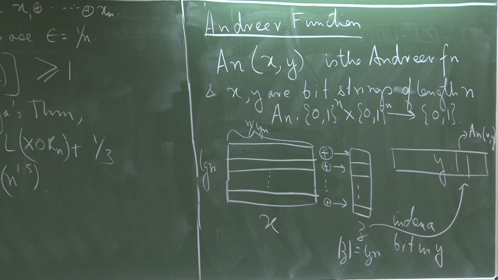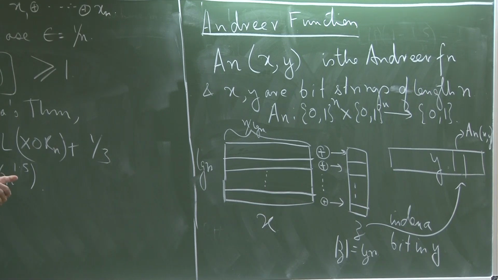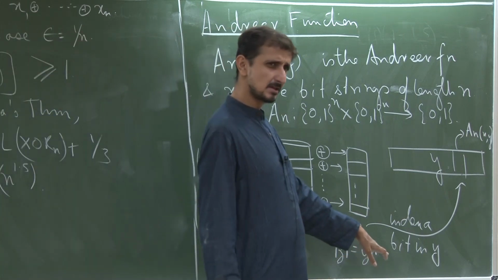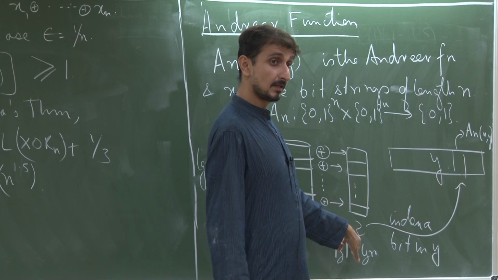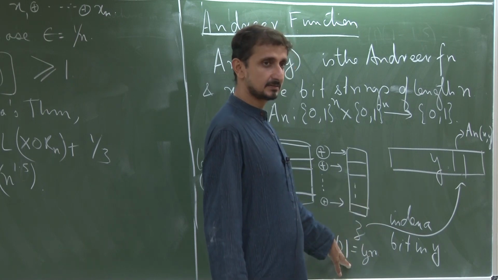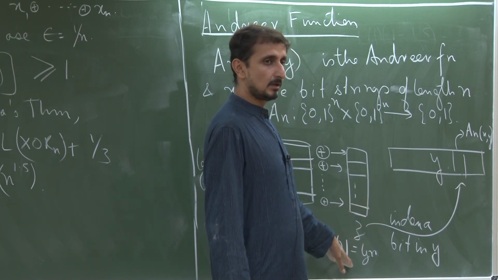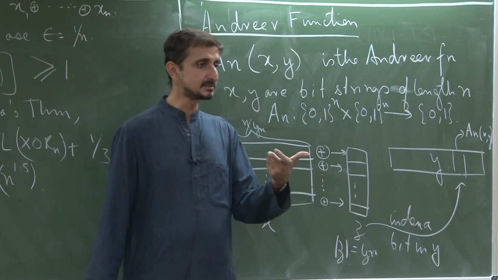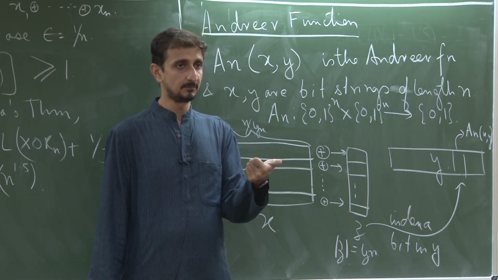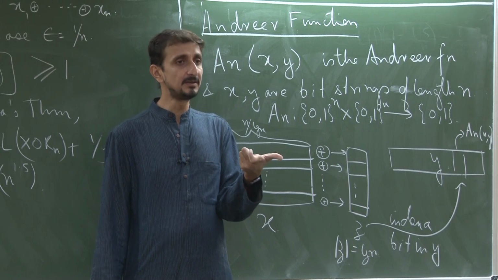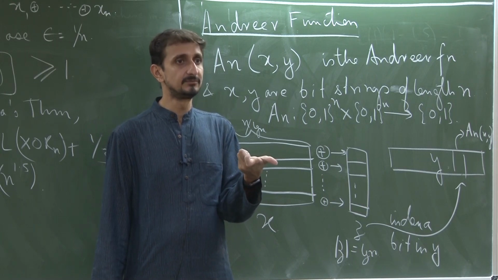So, now what do I want to do? Any confusion? Z has log n bits, yes. Let us look at an example. Suppose z is the string 101. What is 101 in decimal? It is 5, right.